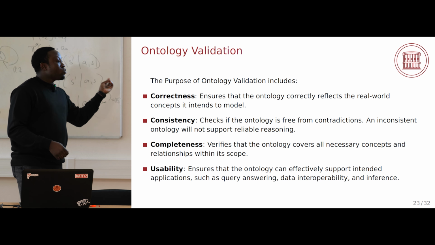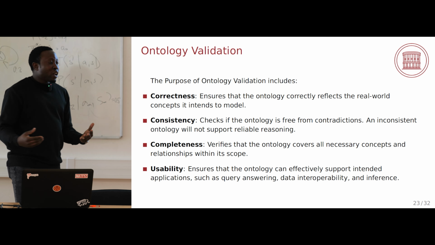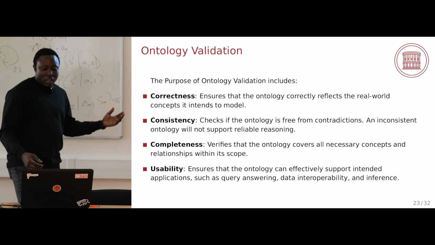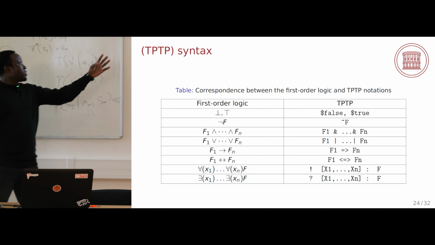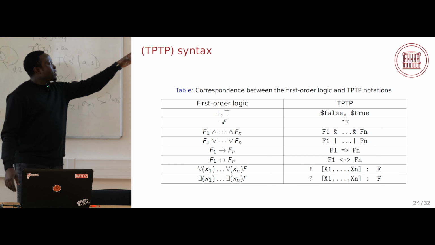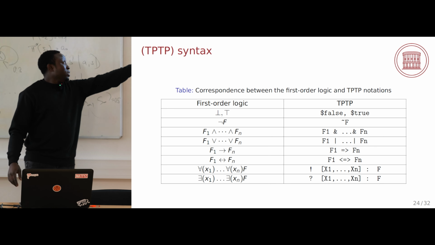And we try to verify this using a first order logic theorem prover, Vampire, which is built on this syntax. We use this syntax by transforming every first order logic term to this.